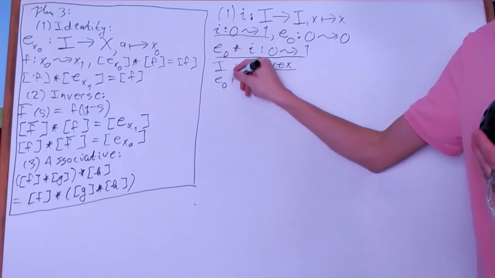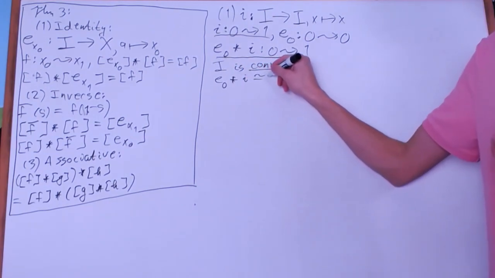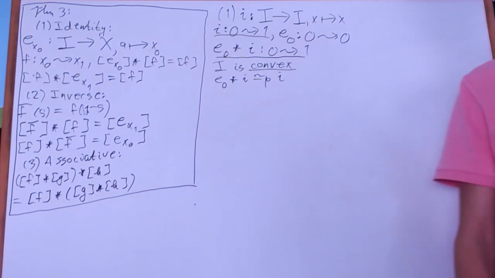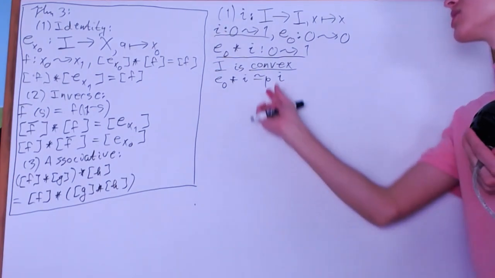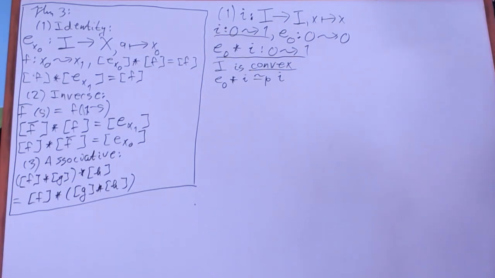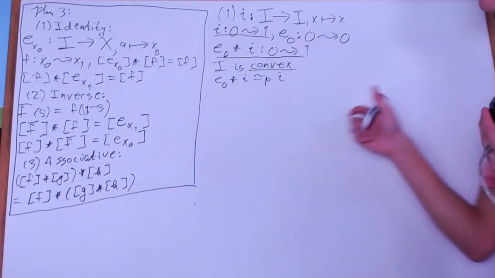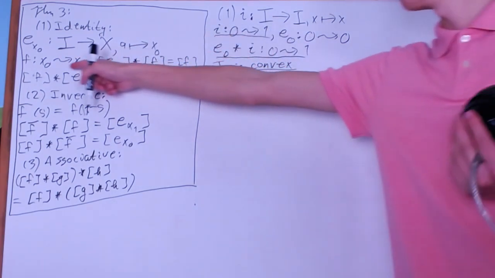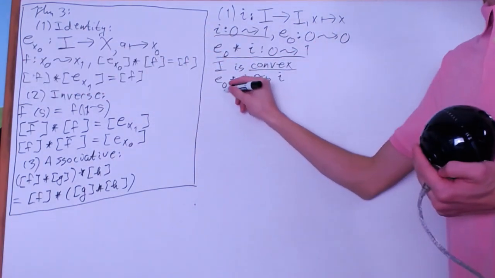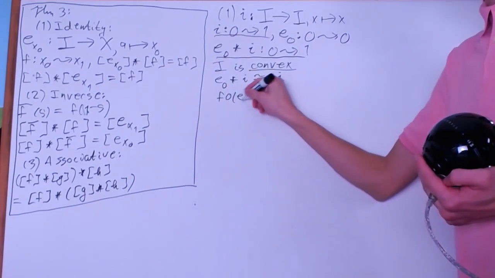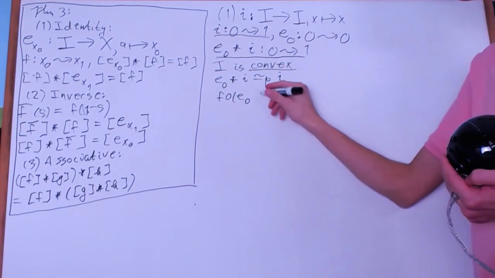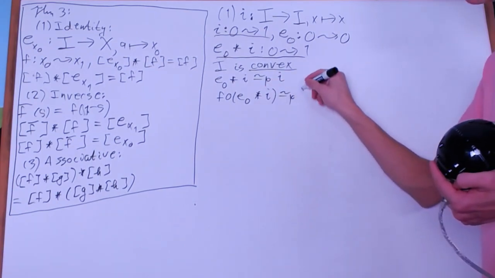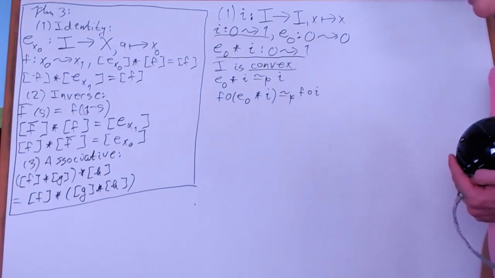So E0 star I is path homotopic to just I. Now using lemma 1, which was that this homotopy is preserved through composition, and note that it's also true for path homotopy, if we take this path f, we can go ahead and compose it on both sides. So f composed with E0 star I is going to be path homotopic to f composed with I.